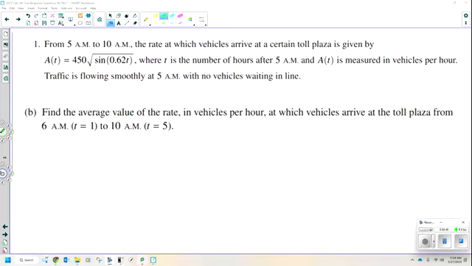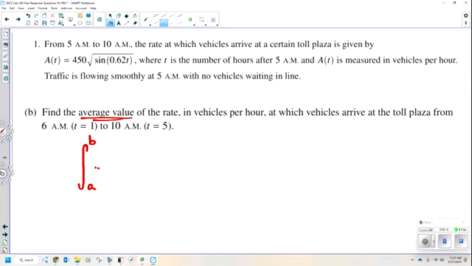1B, find the average value of the rate in vehicles per hour at which vehicles arrive at the toll plaza from 6 a.m., where time is 1, to 10 a.m., where time is 5. All right, what do we have to know? Well, the average value happens when I integrate something with bounds.